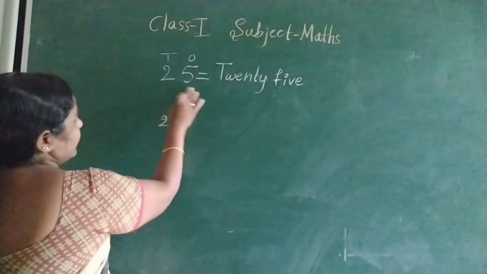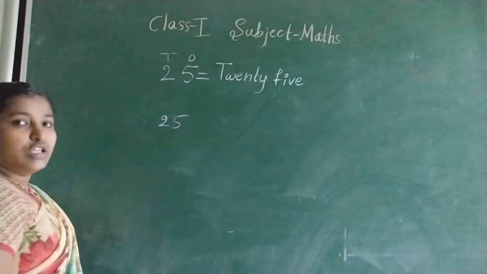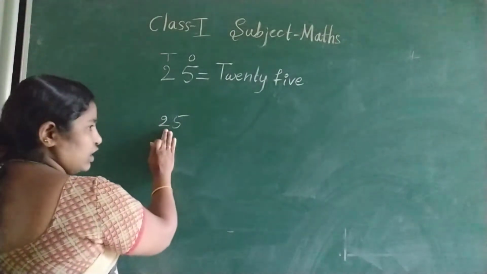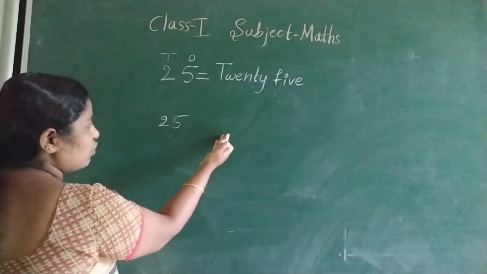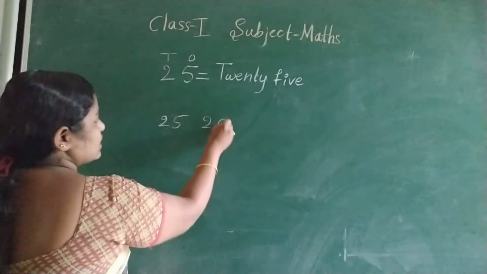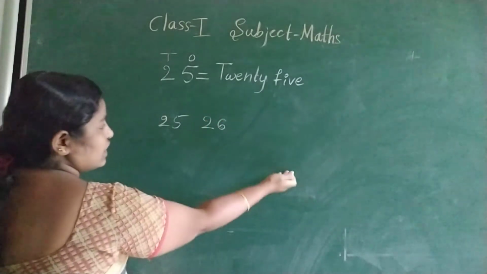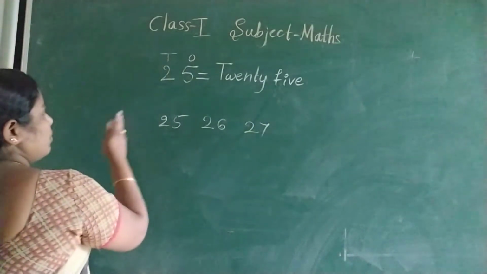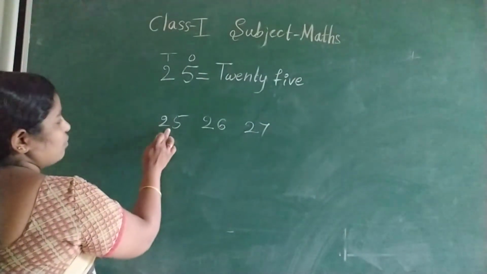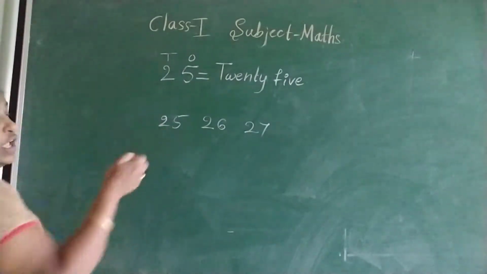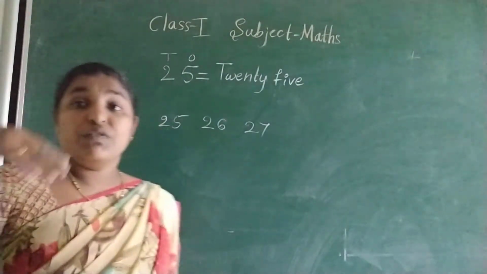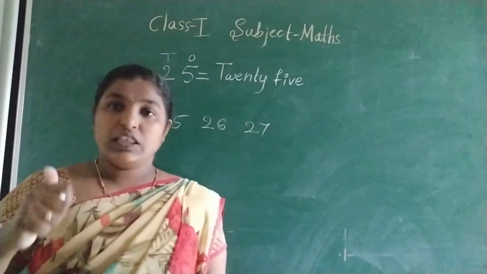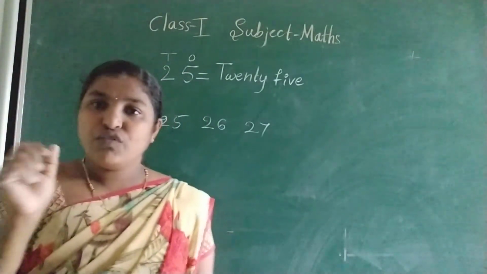Same example I will take, 25. So what is the just after number of 25? After 25 what will come? 26. After 26, 27. So just before number of 25. Before 25, what will we say? 24.